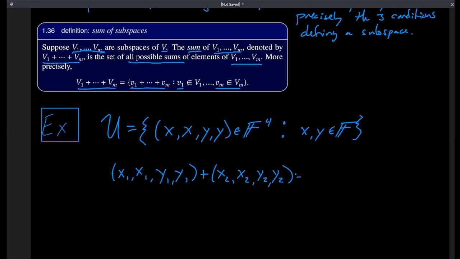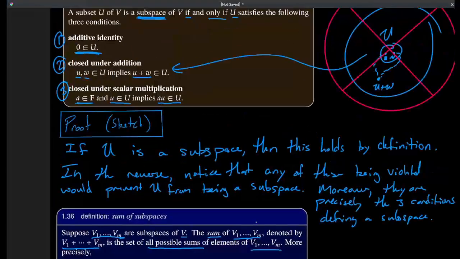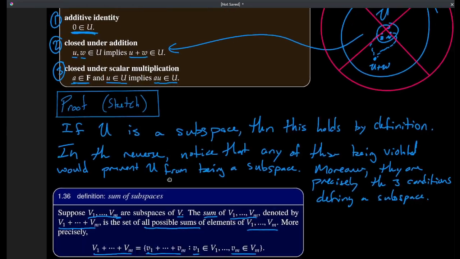If I add them together, then I get (x1 plus x2, x1 plus x2, y1 plus y2, y1 plus y2). And notice this guy is an element of U, this guy is an element of U, and since the first 2 entries here are equal and the second 2 entries are also equal, this guy out here is also an element of U. So naturally, it is closed under addition.